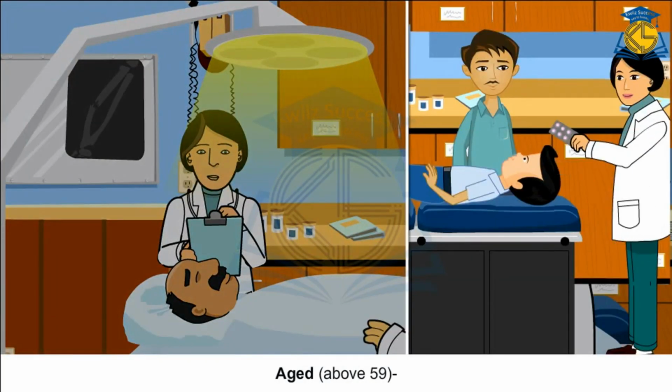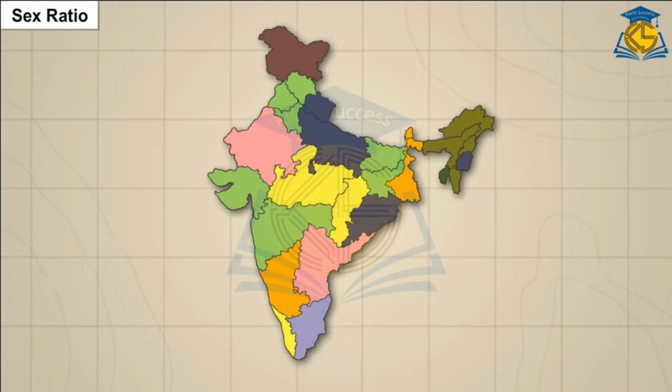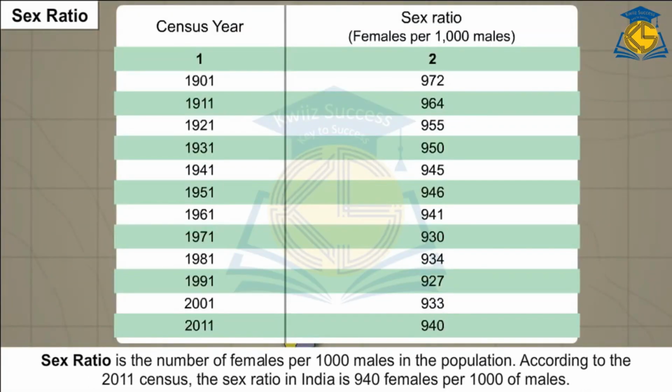Children and aged affect the dependency ratio as they are not productive but dependent on the working category for their care. Sex ratio. Sex ratio is the number of females per 1,000 males in the population.